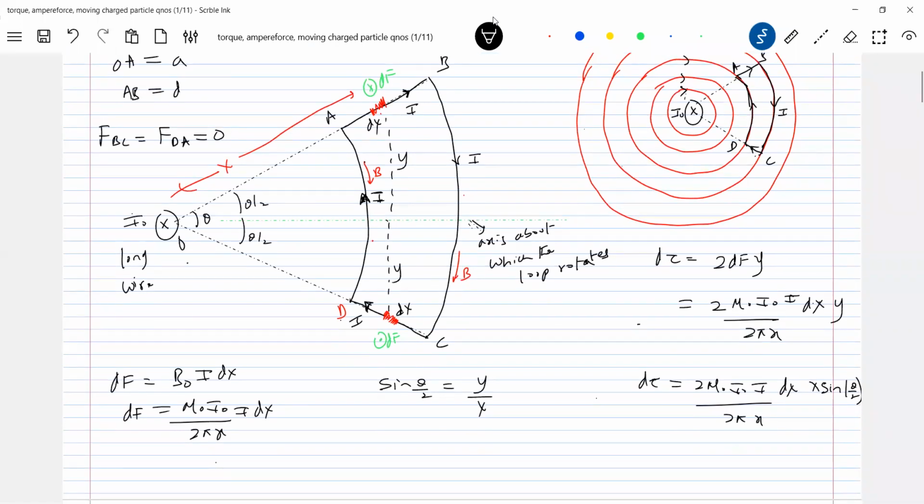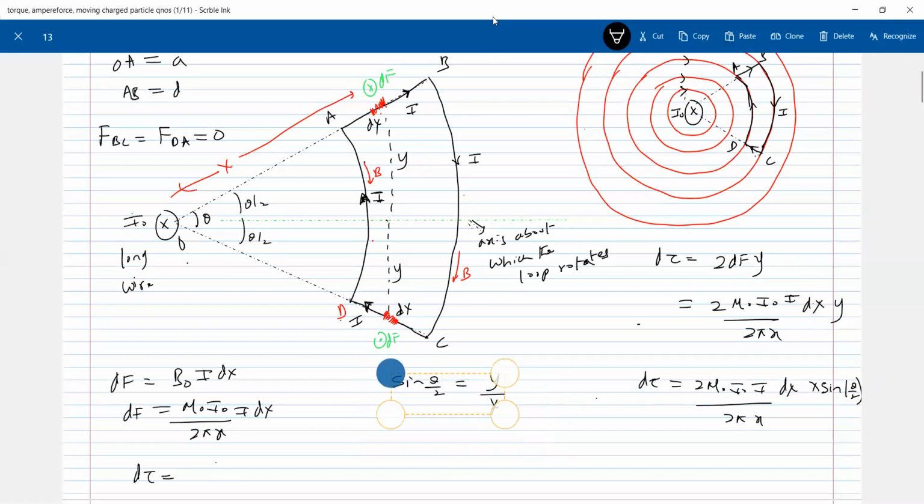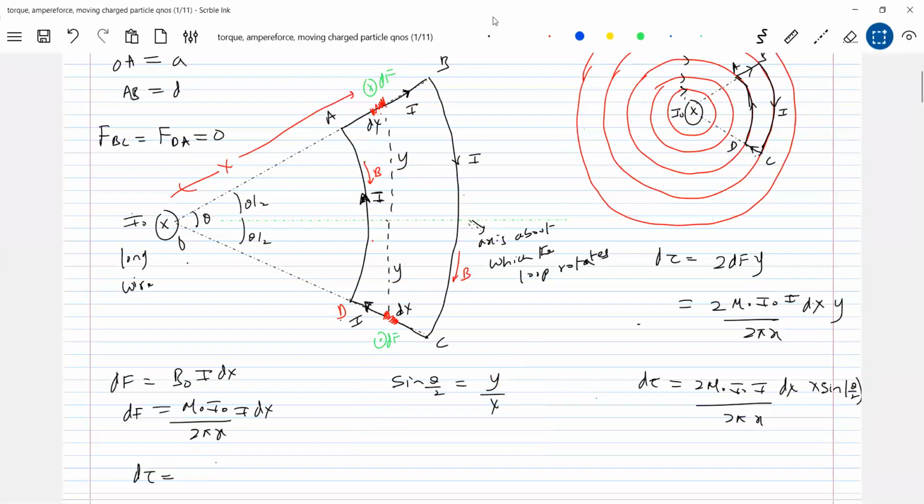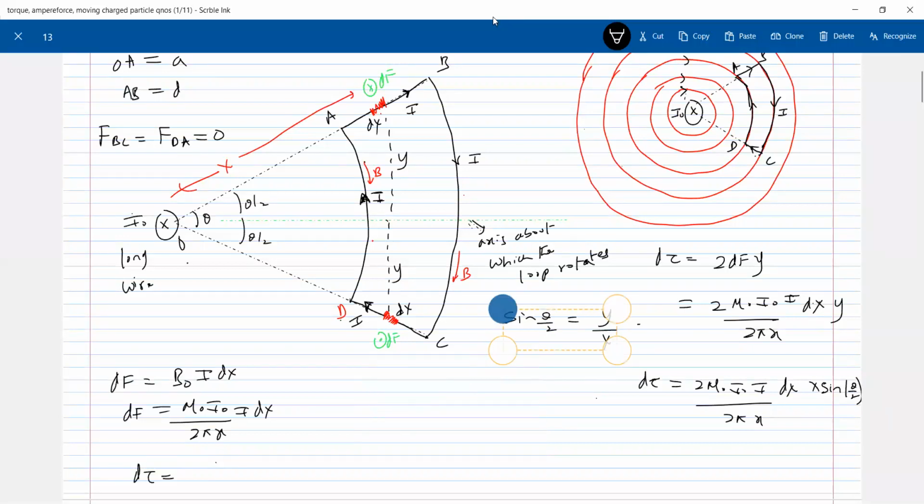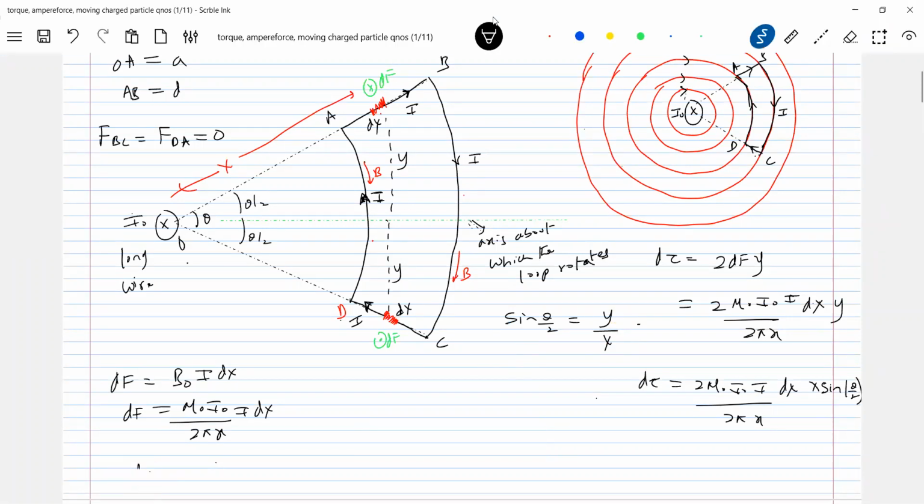So therefore this d tau, I will write it here. This d tau should be equal to 2 mu naught I naught I. The 2 will get cancelled.